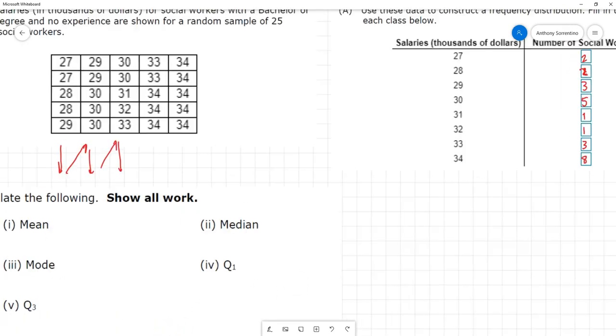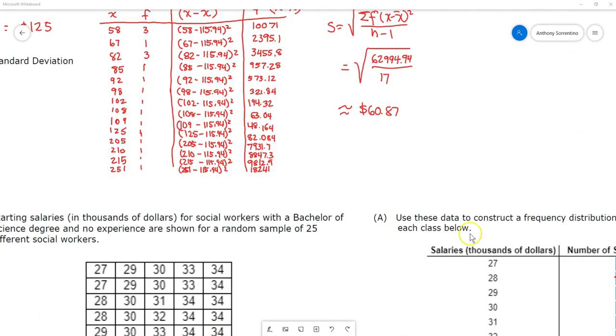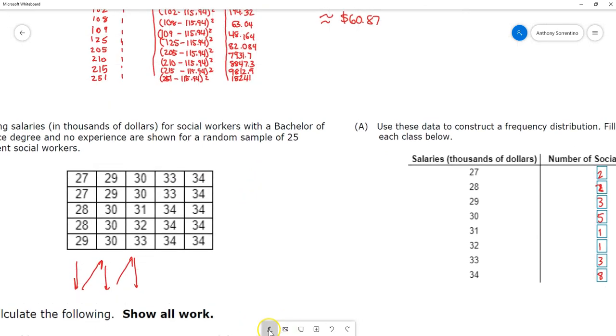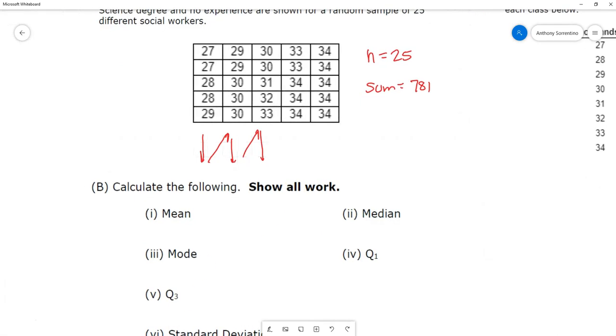So we have 25 samples here, and if you took each one of these times their frequency and added them together, you would see that they total 781. So the mean is just going to be 781 over 25, which comes out to be 31.24.